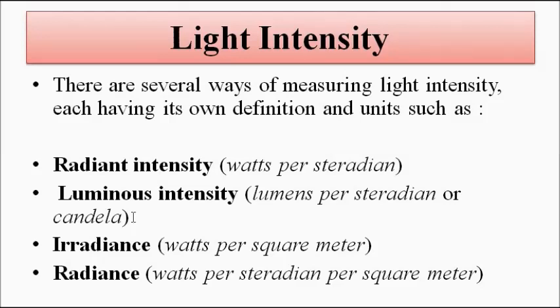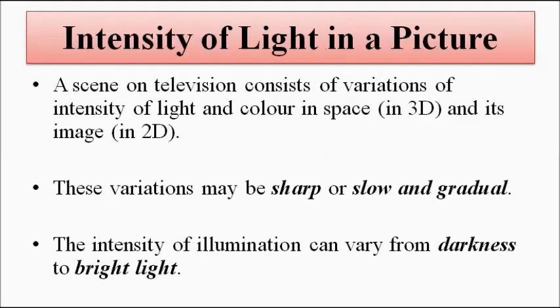So the intensity of light in a picture, when we see a particular scene which is basically a picture frame or an image frame, the light, we can consider it as a source, and the light from it reaches our eyes.